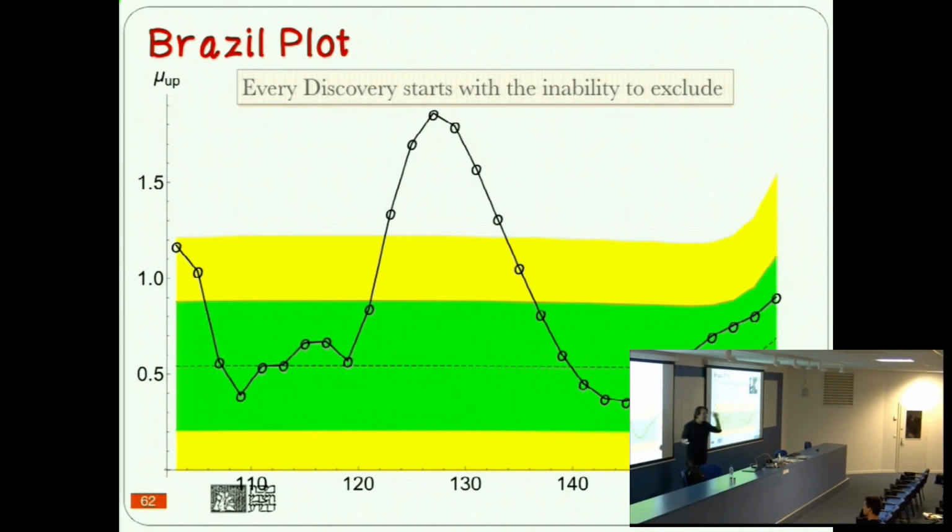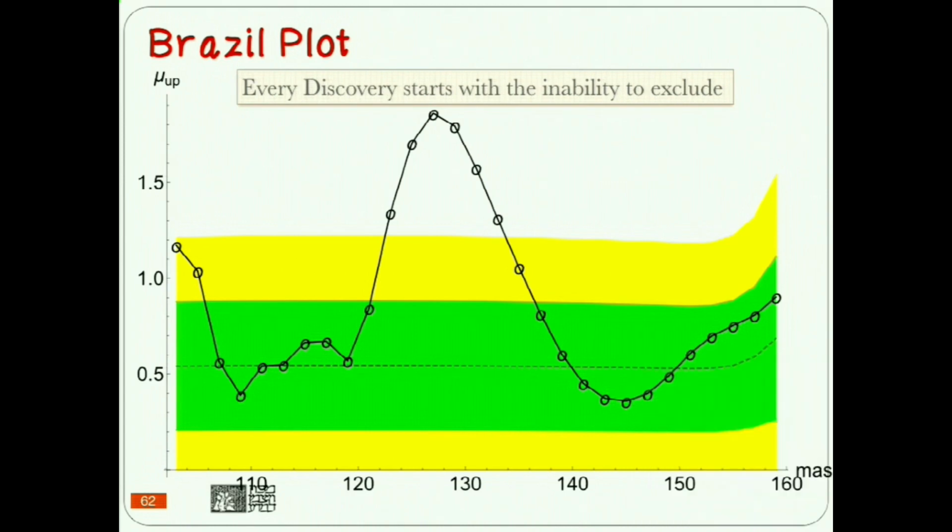The Brazil plot tells you what is my expectation for the exclusion. This is how good the experiment is. And this is where you measure which one is doing better, Atlas or CMS, not by observation, which might be unlucky or lucky. If you know which analysis is designed better, you look at the median and its bands.